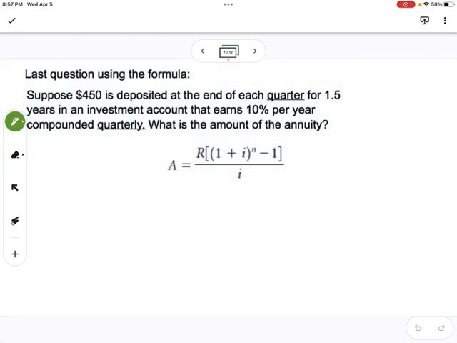So if we were to take the same question that we already made a chart for, and instead here we are going to use the formula. So our R is our regular payments, how much we're going to deposit each time. So our R is $450.